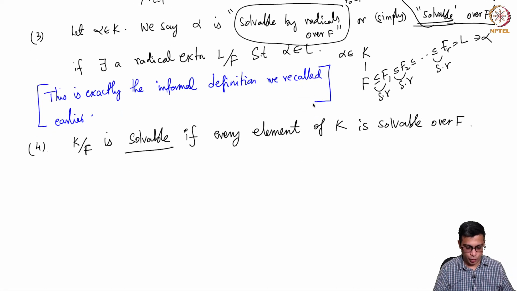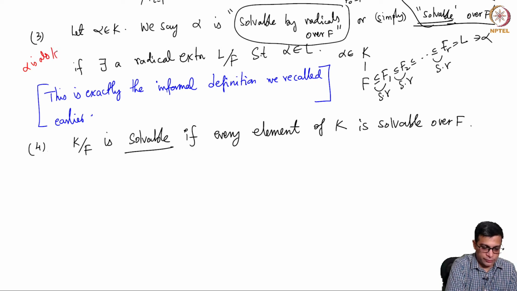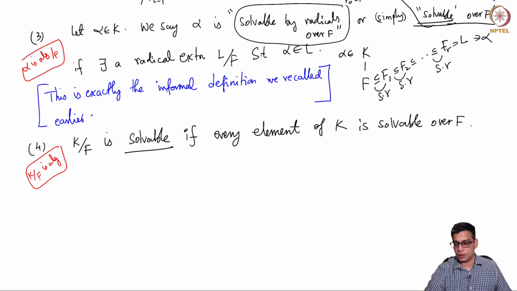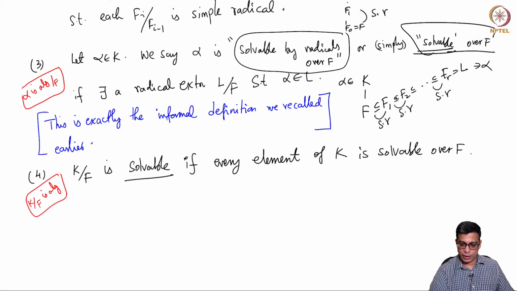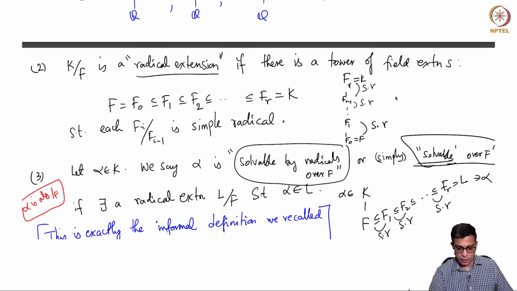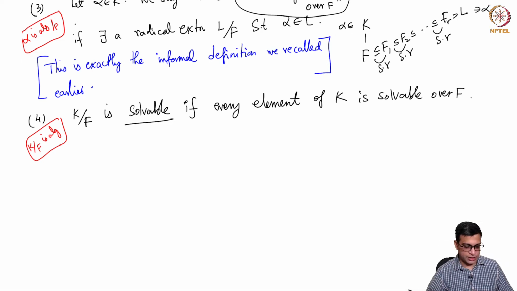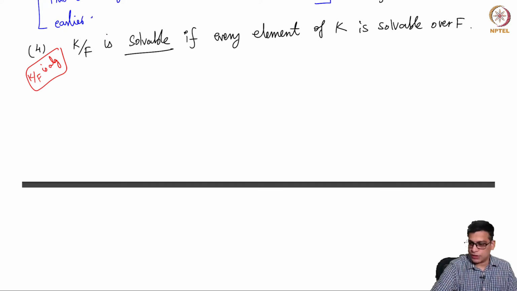For 3, I assume alpha is algebraic over F, and for 4, K over F is algebraic. If you do not have an algebraic extension, the question of being solvable by radicals does not arise. So, 1 and 2 are general statements, but for 3 you need alpha to be algebraic, and for 4 you need the entire extension to be algebraic. Let me give you some examples and then we will study this further.